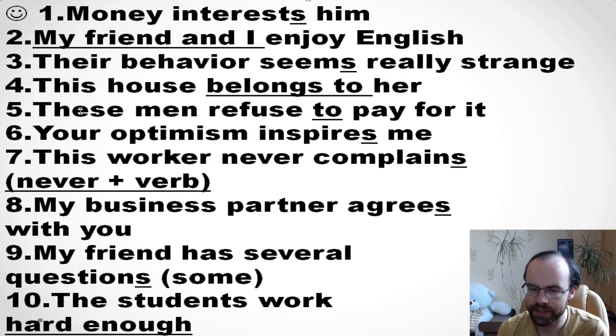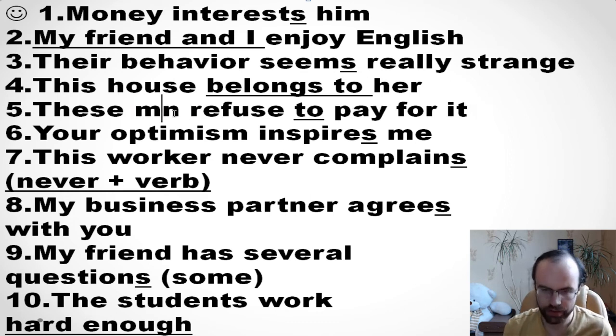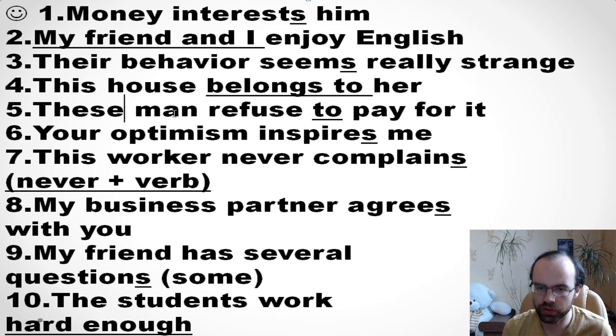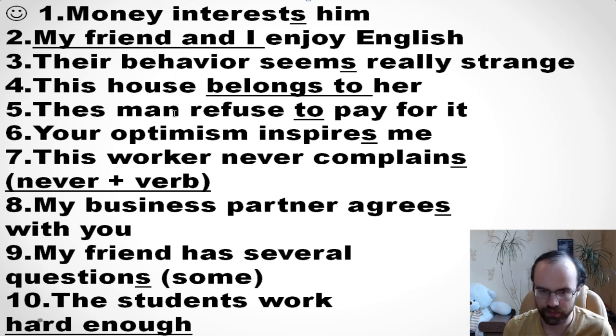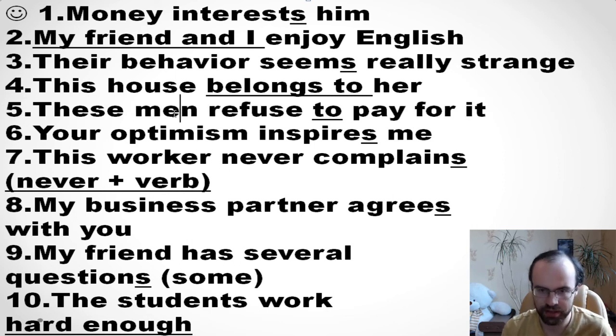So these men, not this man, but these men refuse to pay. So they, and we don't need to add s. And you also remember that we normally put to between two verbs. These men refuse to pay for it.